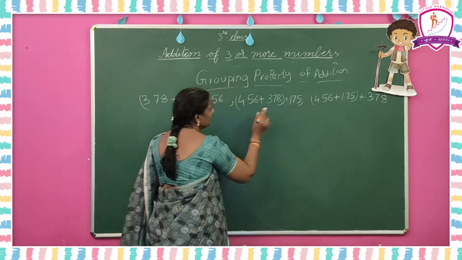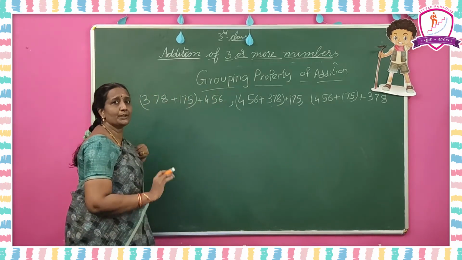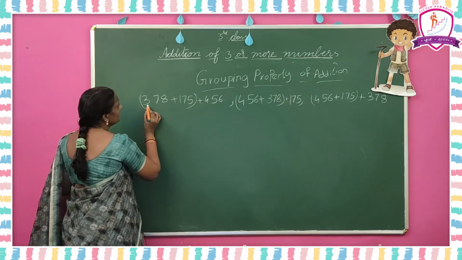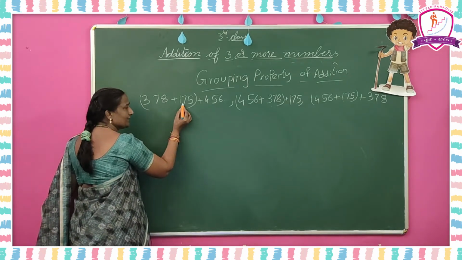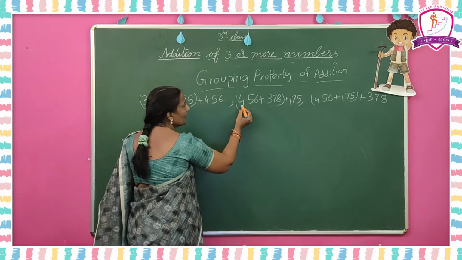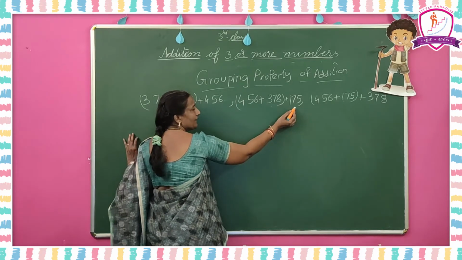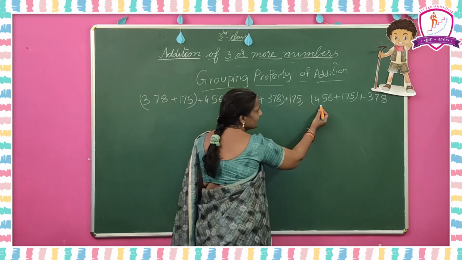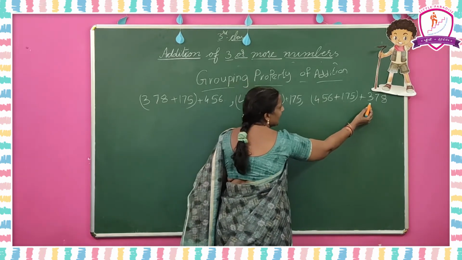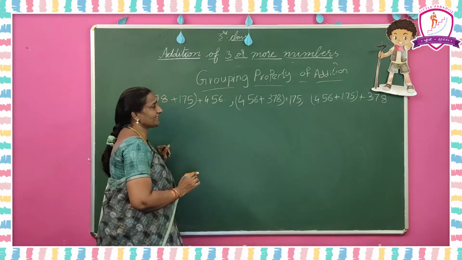That means in these three additions the numbers are same, but they are grouped differently. Here 378 and 175 are grouped, and then add 456. Here 456 and 378 are grouped, and then add 175. In this 456 and 175 are grouped, and then add 378. Let us see what is the answer of these three sums.